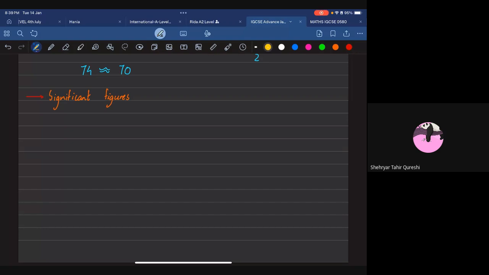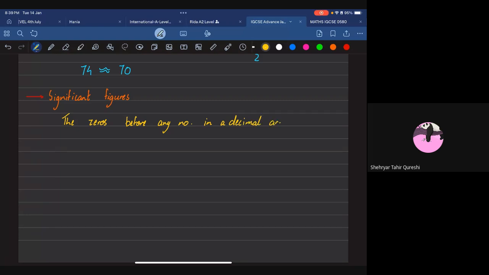So what are significant figures? We already know about the zeros. Let's begin with that. The zeros before any number in a decimal are insignificant.